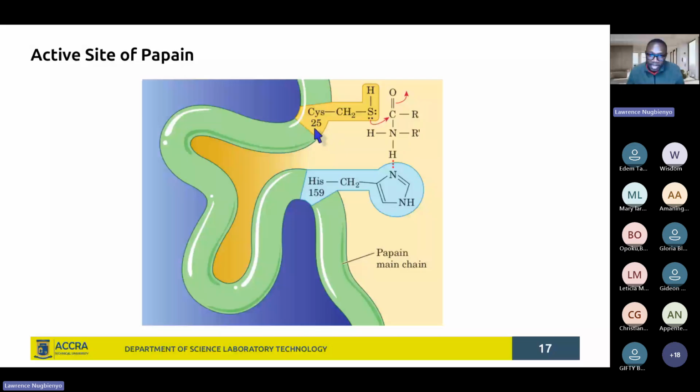And histidine will be in the 159th position. These cysteine and histidine molecules in that chain are the amino acids that act in the active center of the enzyme.